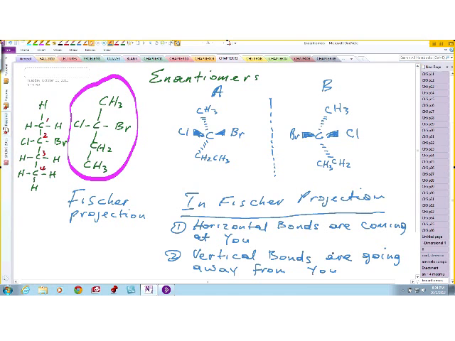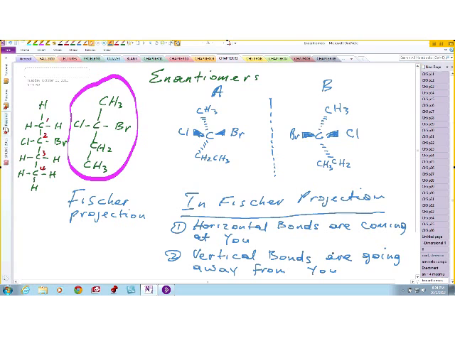Keep this in mind, because this is very, very important. In a Fischer projection, when you see the horizontal bonds, you assume that they are coming at you. The vertical bonds, they are going away from you. Okay?